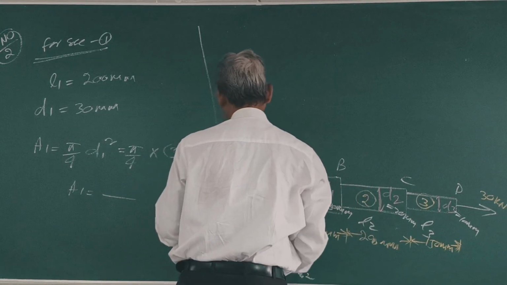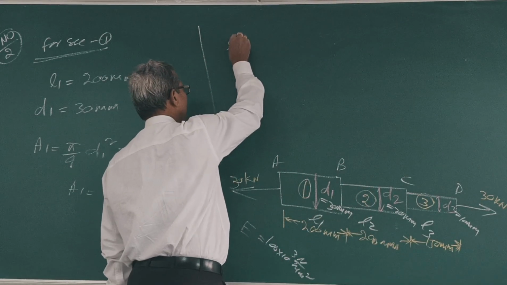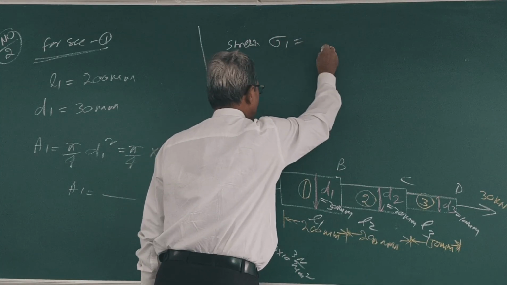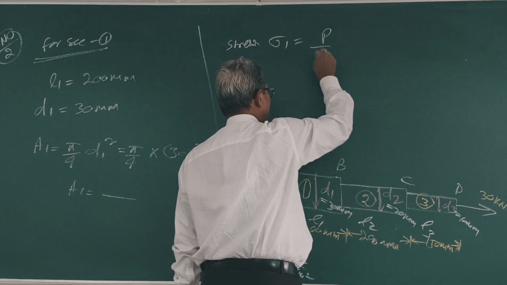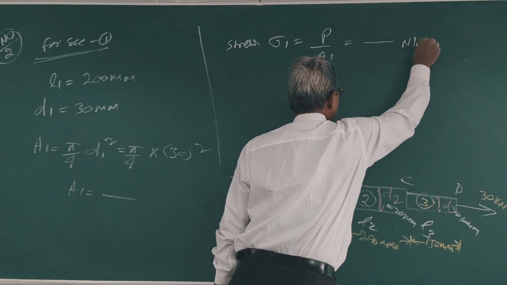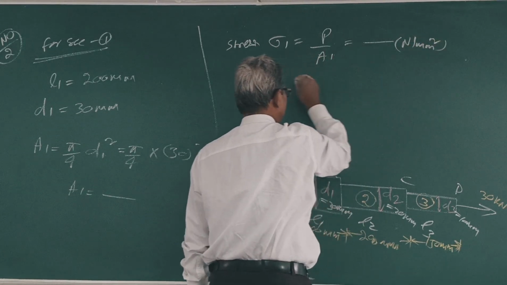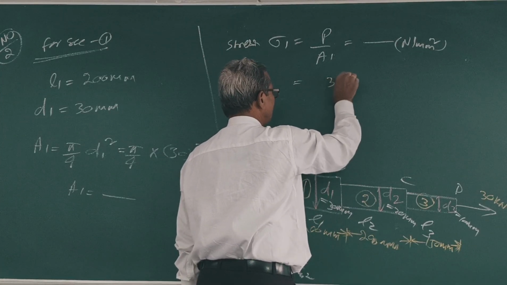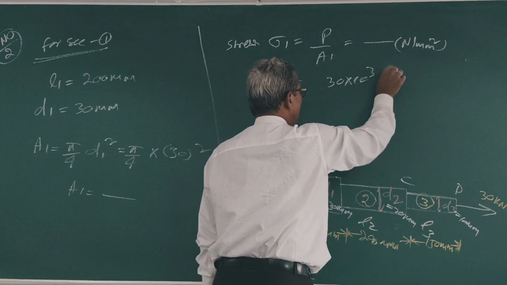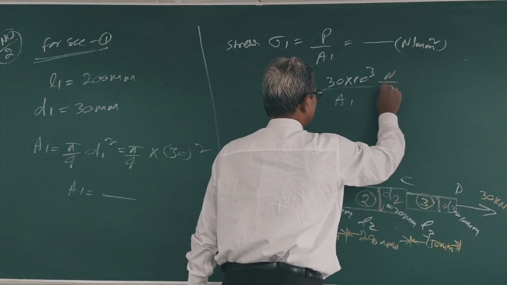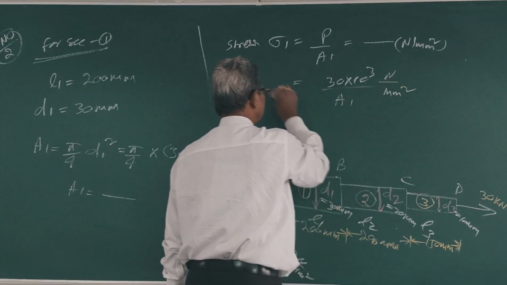So stress sigma 1 is P by A1. Clear? Find the answer in Newton per mm square. What is P? 30 kilonewton. So 30 into 10 to 3 Newton by A1. You'll find the answer in N per mm square. This is sigma 1.